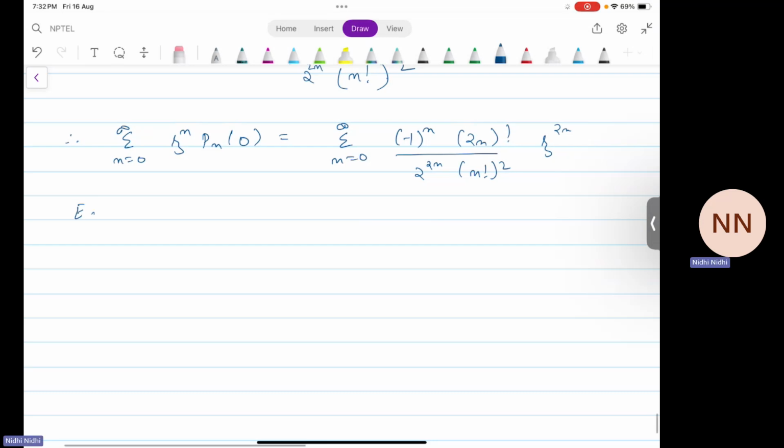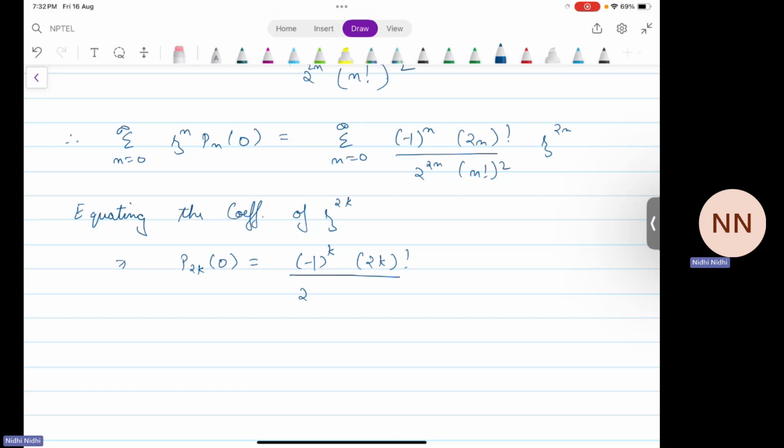Equating the coefficients of z to the power 2k, we get P2k at 0 is equal to minus 1 to the power k 2k factorial by 2 to the power 2k k factorial square. This is what we wanted. Hence we are done.